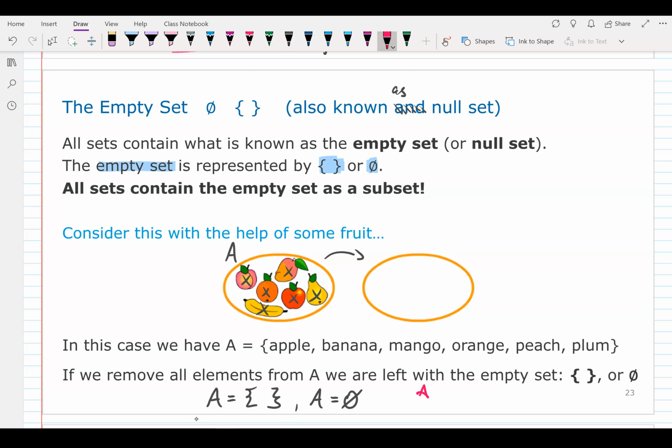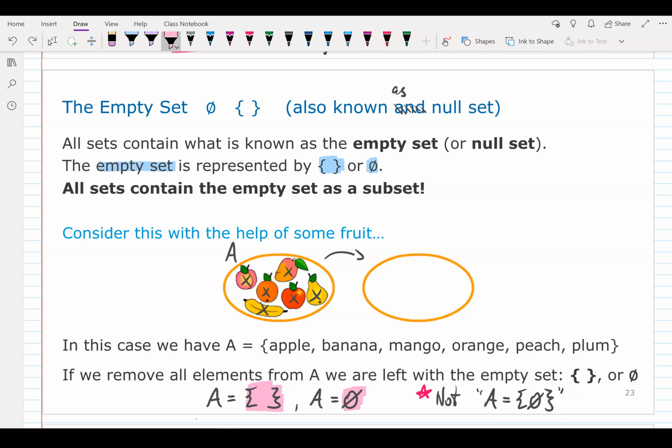But an important thing to note is that it is not A equals this. Okay, you've got to use one or the other. You either use this or this, but please don't mash them together because that's not proper notation.